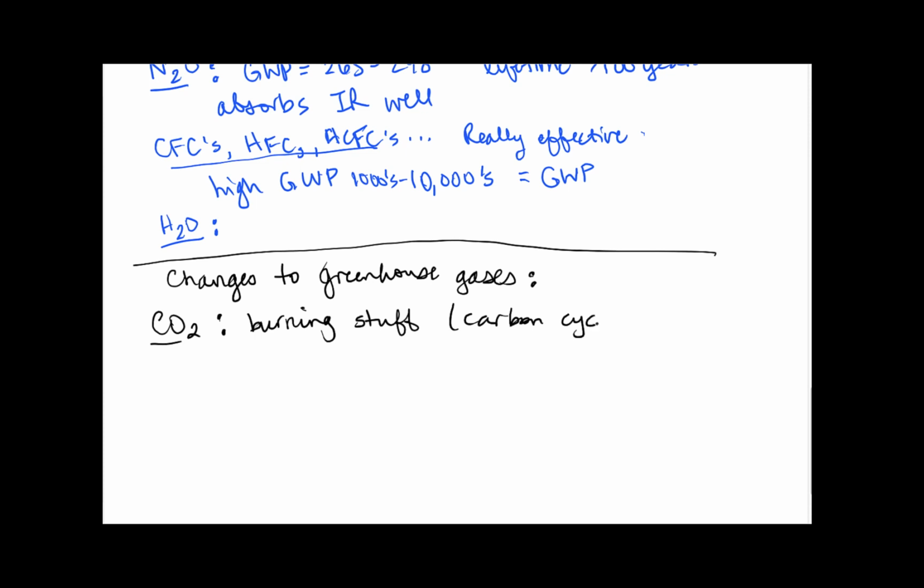And if you haven't, it's maybe worth your time to take a quick look. You can usually find a nice visual that summarizes it for you. The short version is when we breathe or when we decompose or burn things, we release carbon dioxide into the atmosphere. It gets taken up by plants. It also gets dissolved by the ocean. And there's a few other sources and sinks for the carbon, and then it makes a cycle.